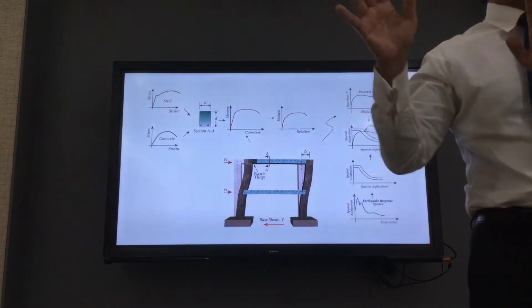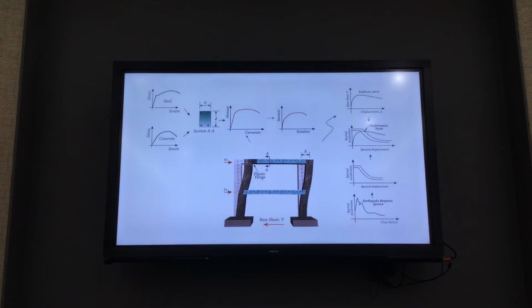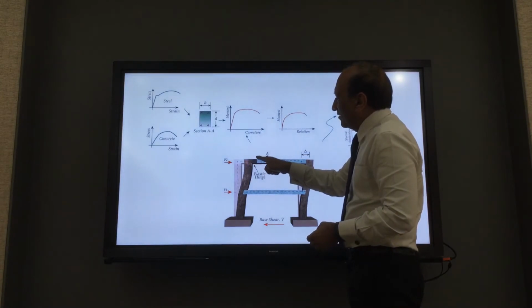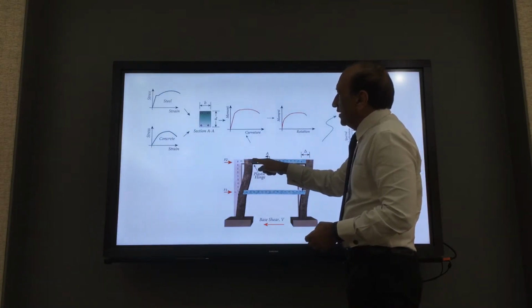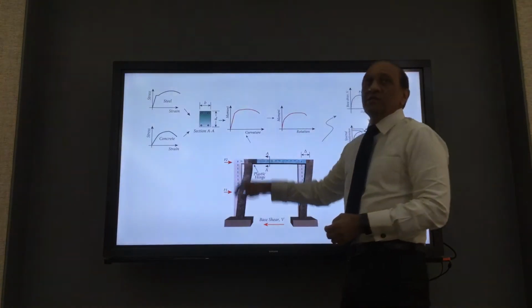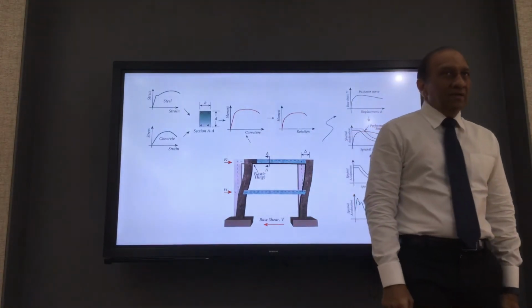So the action deformation matrix, which is bending moment and rotation, axial force against axial deformation. That relationship will determine how much rotation will be generated because of this loading here, right?